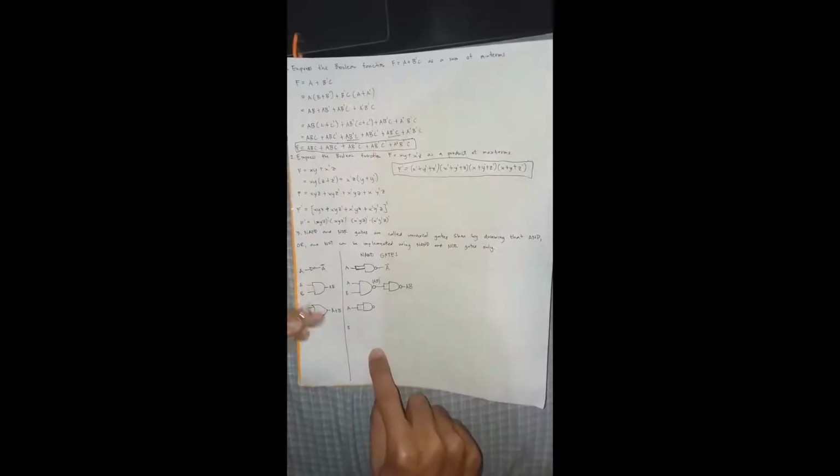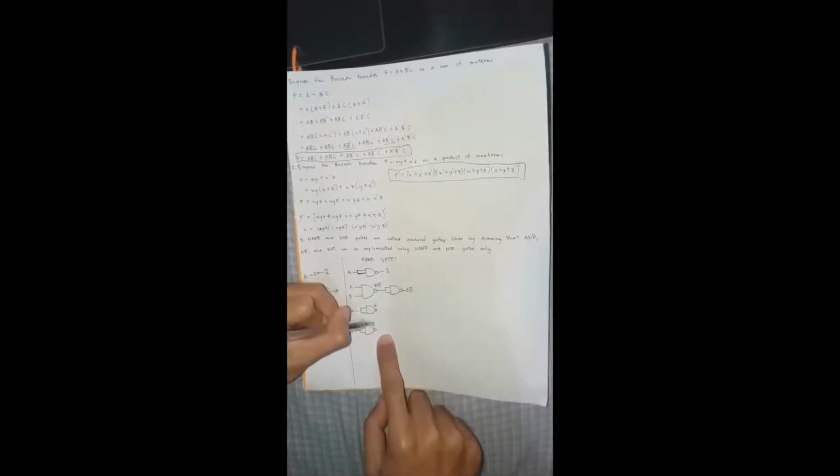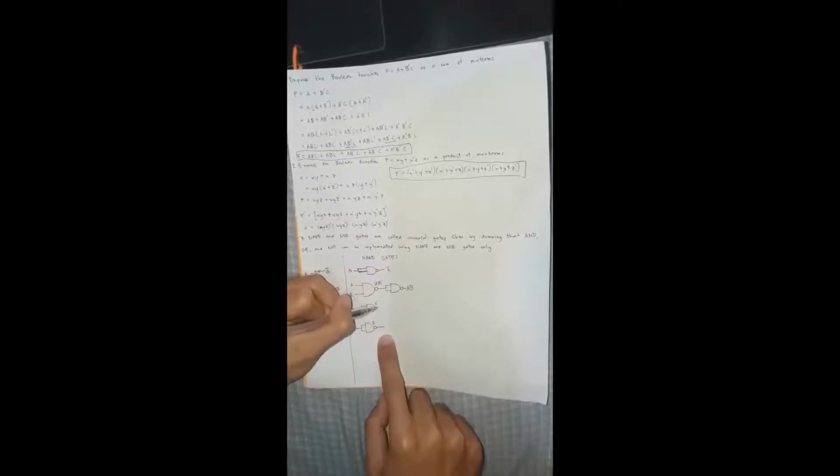The first thing we're gonna do is implement the A and the B. This gives a result of an A prime and a B prime. This A prime and B prime are then fed into another NAND gate, and this results to a function A or B.